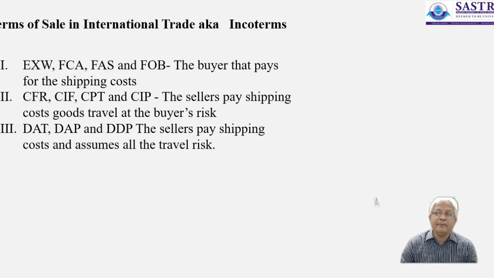When we look at CNF, cost and freight, CIF, CPT, and CIP, in all these different terms, the seller pays the shipping cost. But the goods travel at the buyer's risk. Any problem with the goods, then the buyer has to be responsible for it.